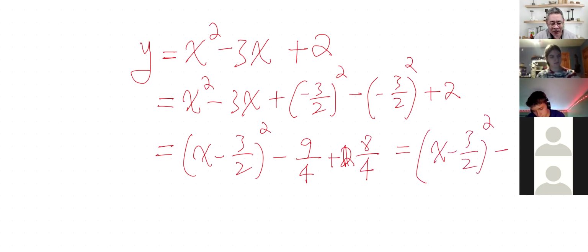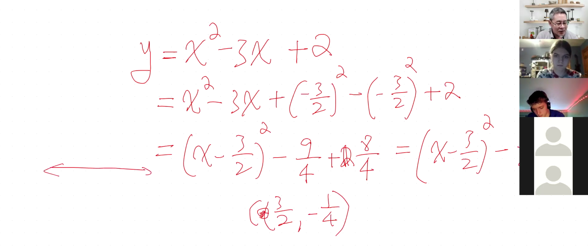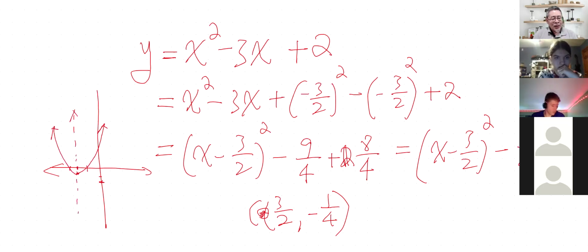So therefore, our vertex will be, actually, no, just 3/2, comma, negative 1/4. So if you want to graph it, then we got 1, 2, 1/2, and 1, 2, and this is the 1/4. So we get it like this, with the axis of symmetry going like that. Good?